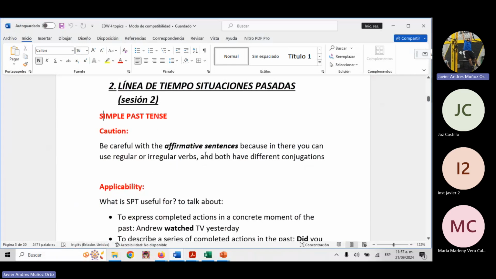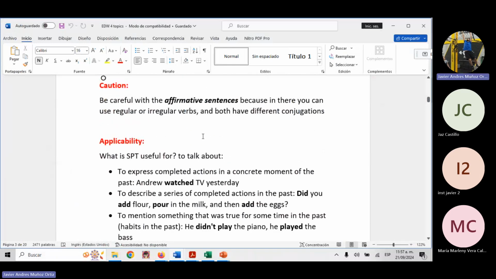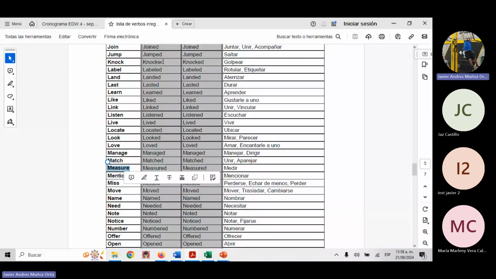Okay, so with simple past tense, we need to be very careful, very cautious with affirmative sentences, because in affirmative sentences, we're going to use the past form of the verb. Doesn't matter if it's going to be a regular verb or an irregular verb.